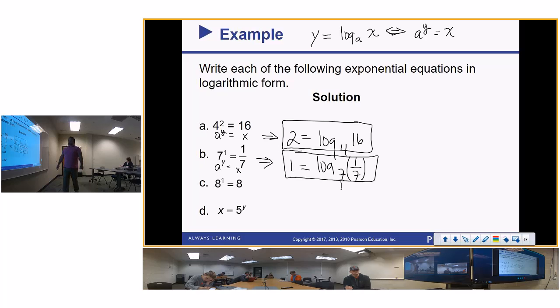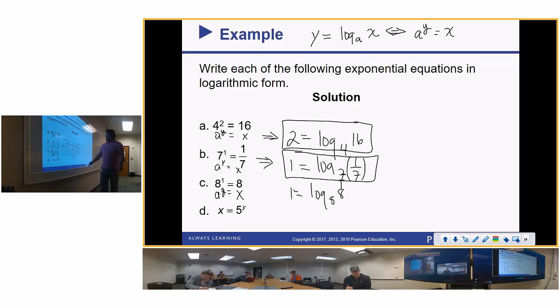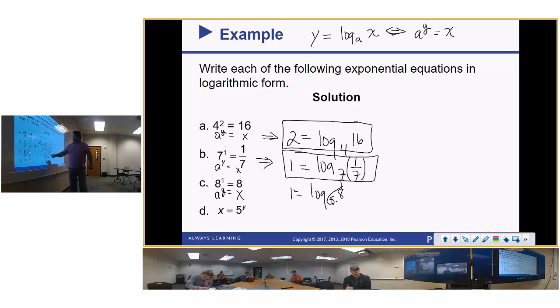Okay, over here, a to the y is equal to x. Go over here, y is 1, equal to log base a of what? 8. And when these two are equal, it's equal to 1.